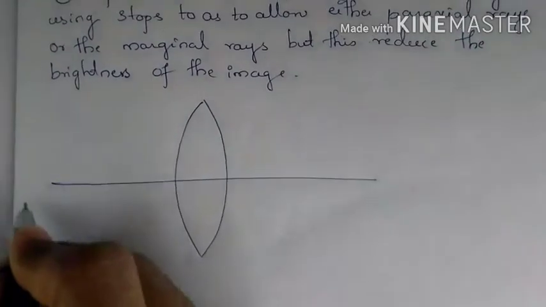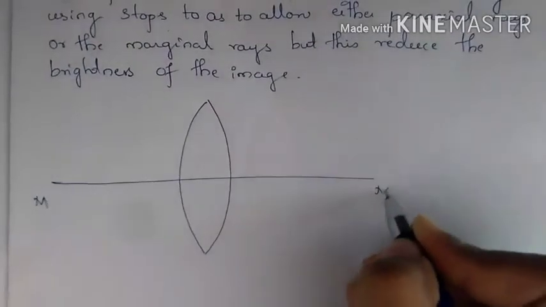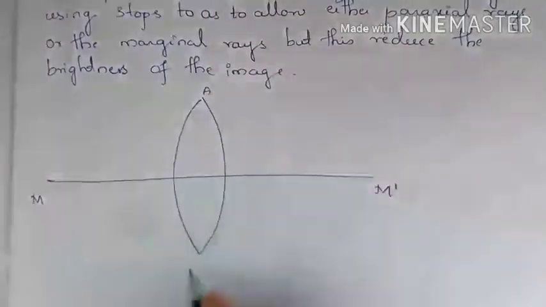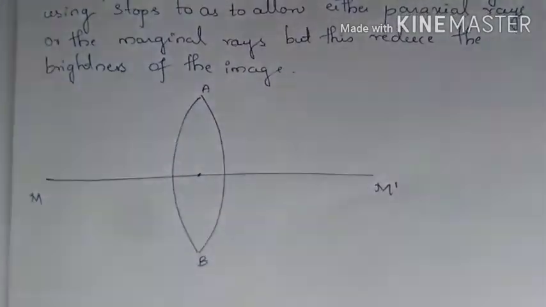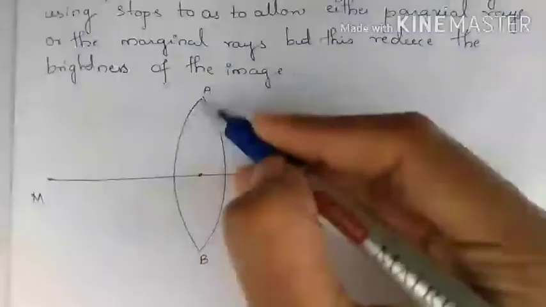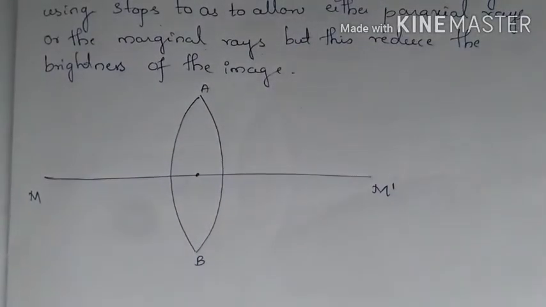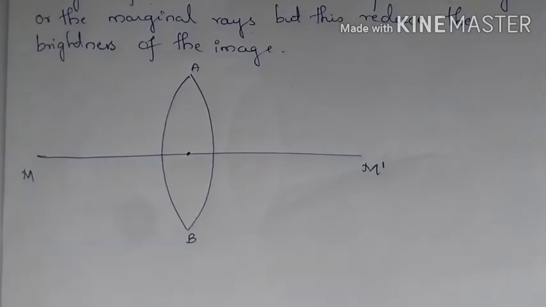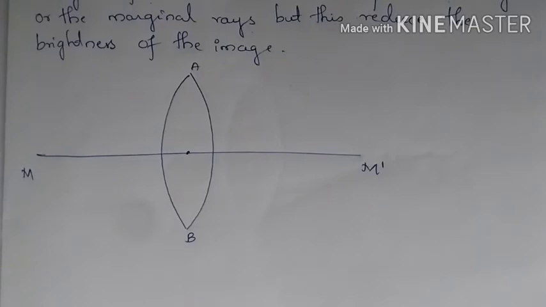Now let M prime be the principal axis and this lens be AB. This is the center of the lens, and the line which passes through the center is known as the axis of the lens. Now if you allow both the marginal rays and the paraxial rays, then you encounter spherical aberration.